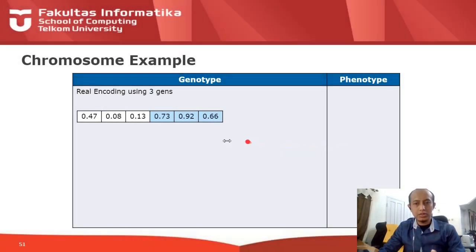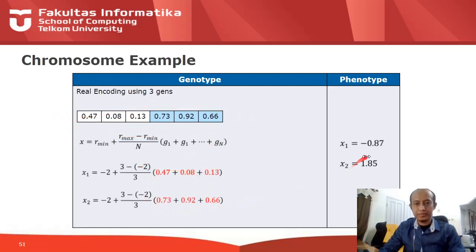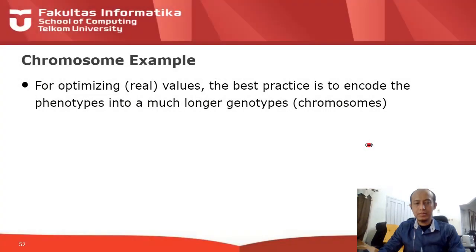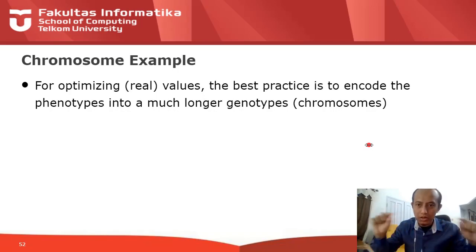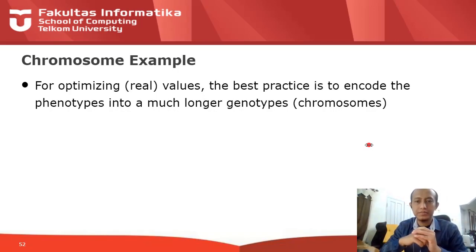We can also do the same as before using real encoding. There is a reason to do that. Instead of just using real numbers the same as phenotypes, the best practice is to encode the phenotypes into longer genotypes. Genetic algorithm can then give more optimized results.